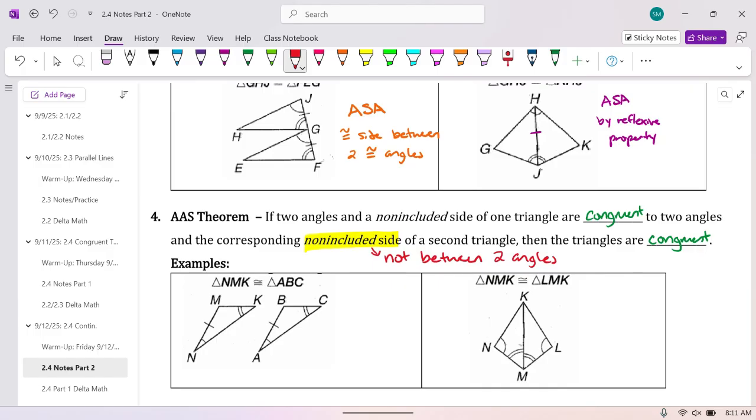More often than not, I see people confuse angle, angle, side and angle, side, angle because they are very, very similar. All right. So again, this is angle, angle, side because the congruent side is not between the two angles.